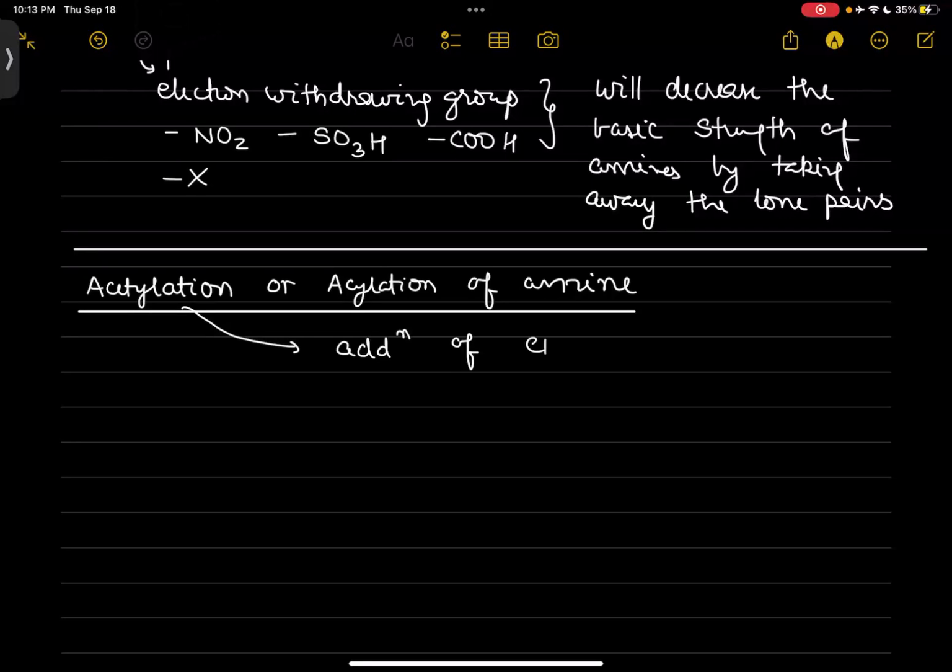CH3COCl. Or rather, addition of COCH3, because the Cl will be removed with HCl. So putting COCH3 is known as acetylation or acylation. Okay, got it?